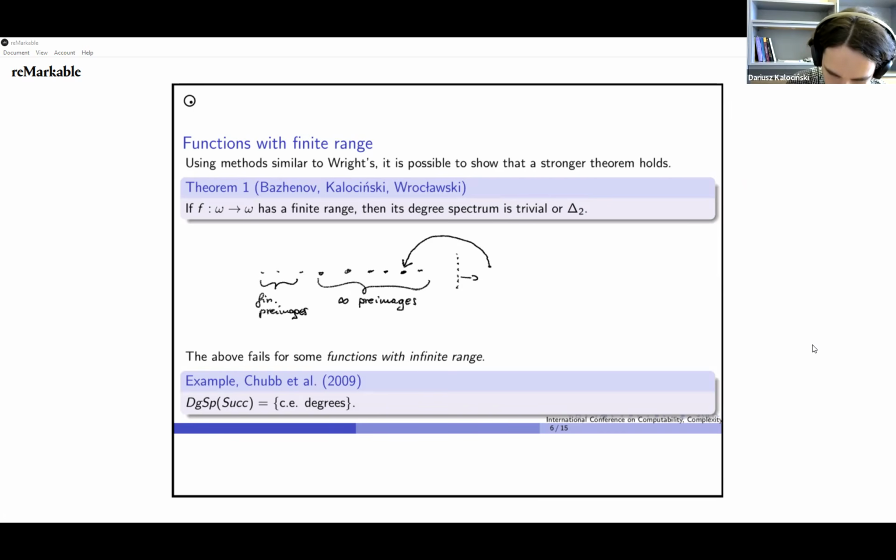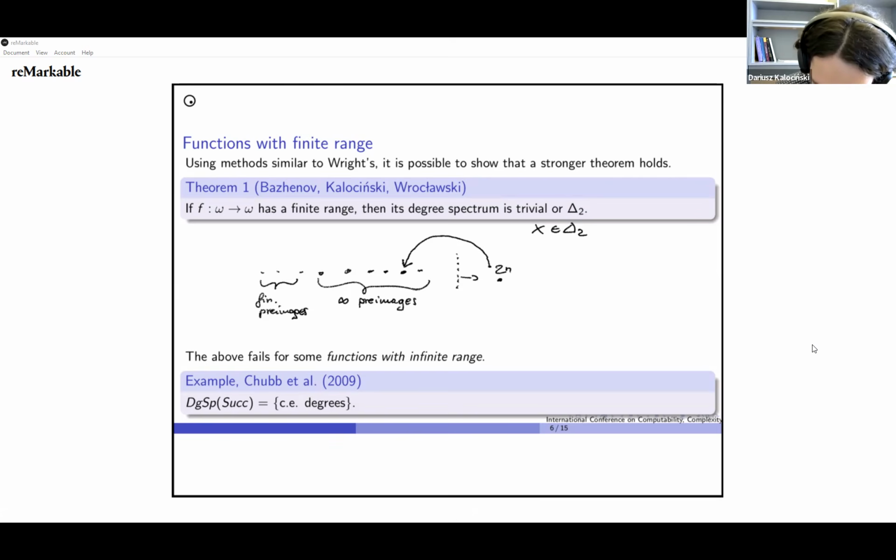And the idea is that we have a set X, which is delta 2, and we want to code information about this set in the copy of the function f. We'll code the information using even numbers.